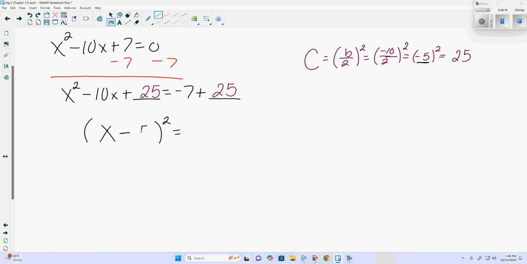So this here would be negative 5. So it's telling us that x squared minus 10x plus 25 factors to x minus 5 squared. Questions on this so far? Negative 7 plus 25 is 18.